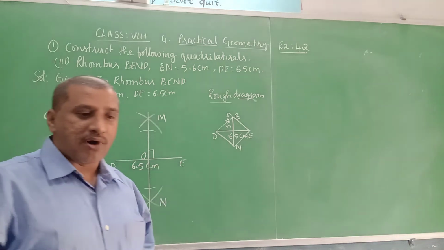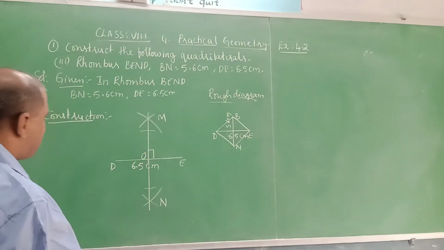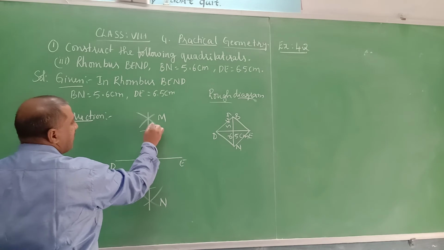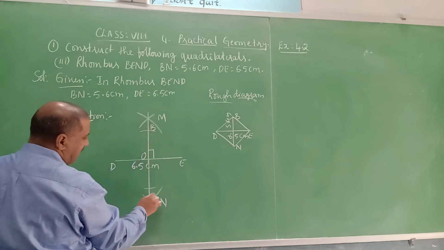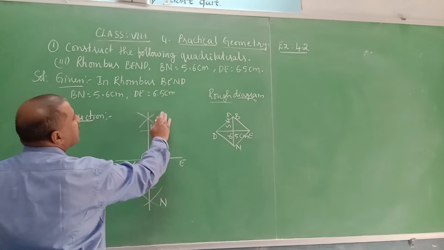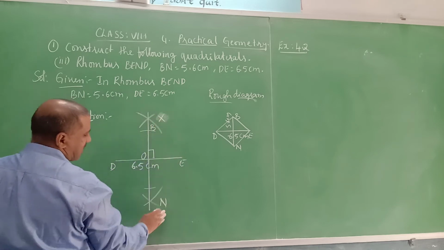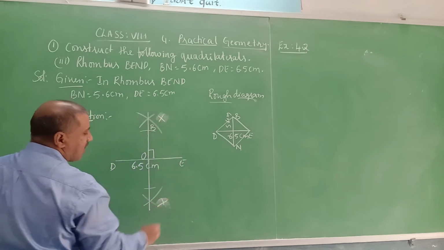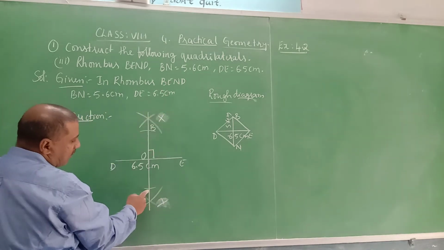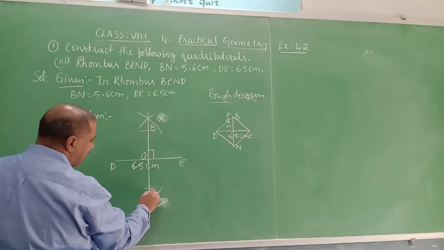Now those two points we name B and N, because in our rhombus BEND we have N as a vertex.